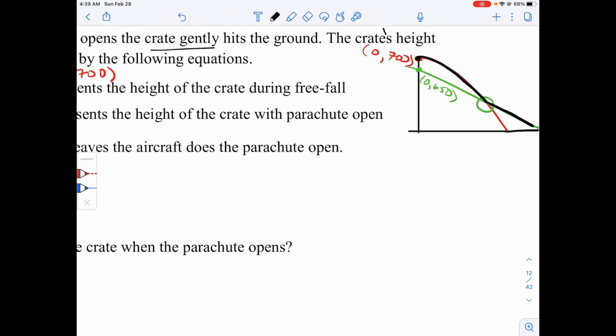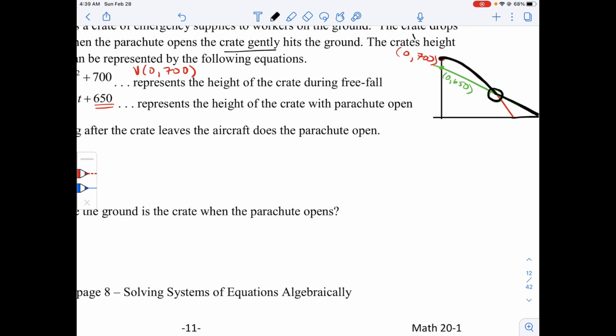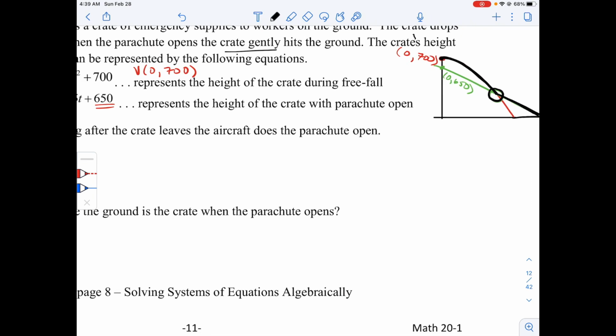And we're looking at the path of a linear function. So the black line here is the flight of that crate. The point of intersection is, of course, when the parachute opens. We go from free fall to parachute.